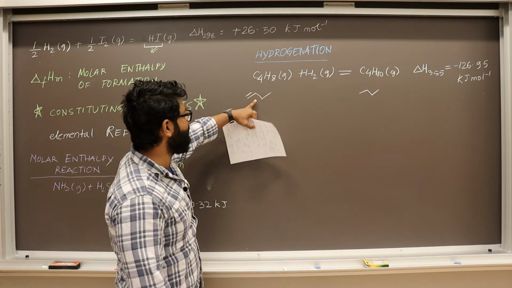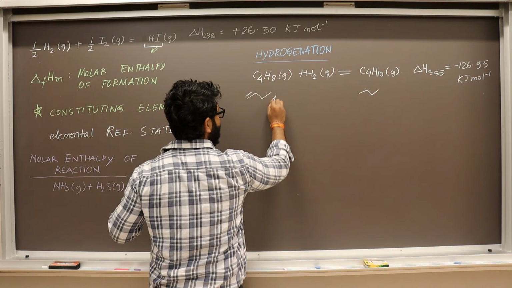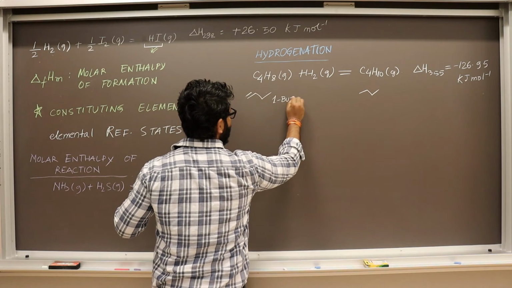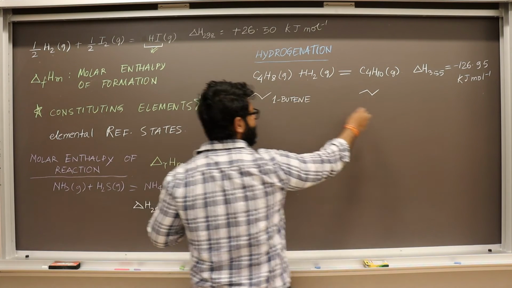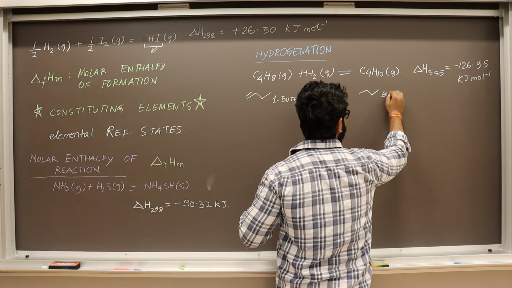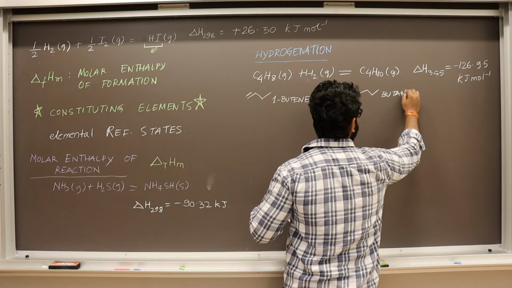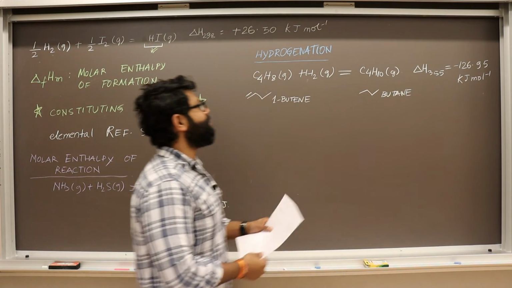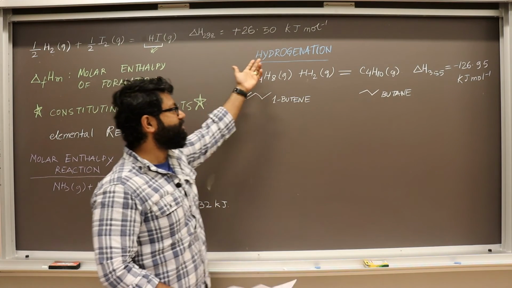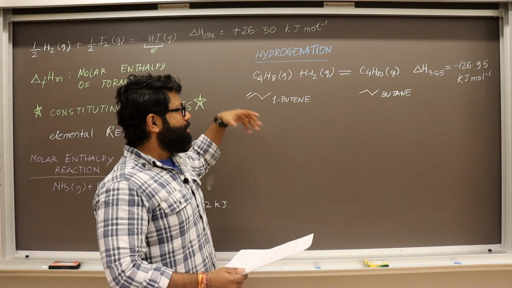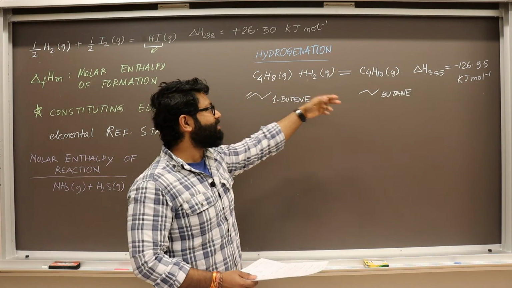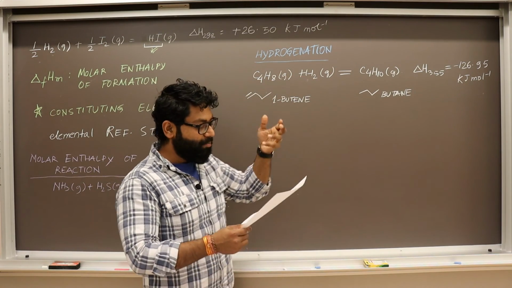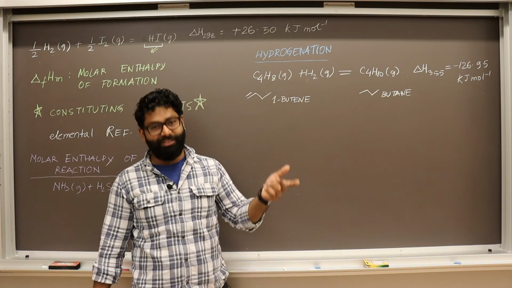So you are going from 1 butene, you're adding hydrogen, you're becoming butane. Addition of hydrogen. So addition of hydrogen is a hydrogenation reaction. So similar to the concept earlier, the delta H of the reaction will now be called the molar enthalpy of hydrogenation, right?